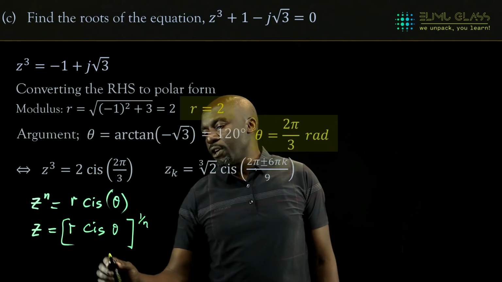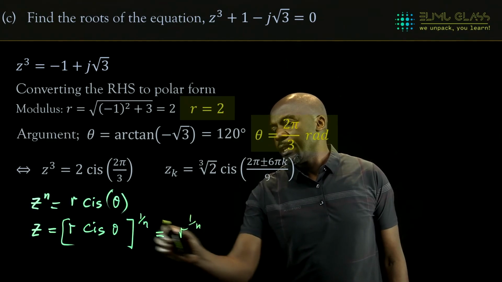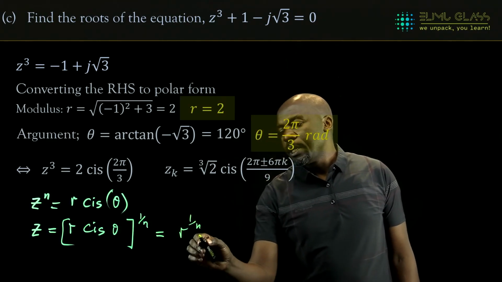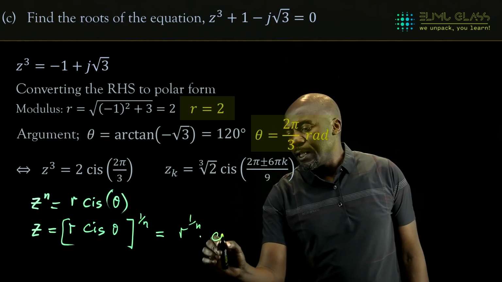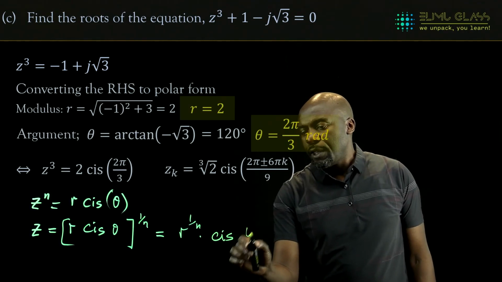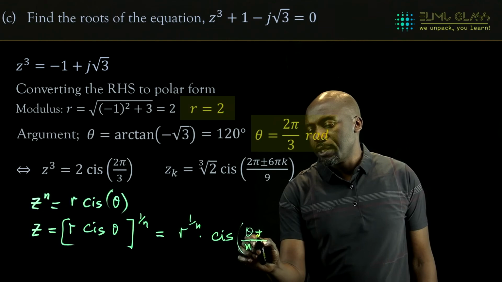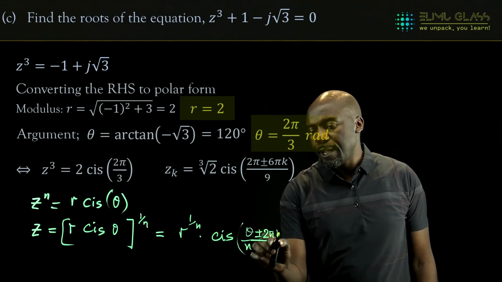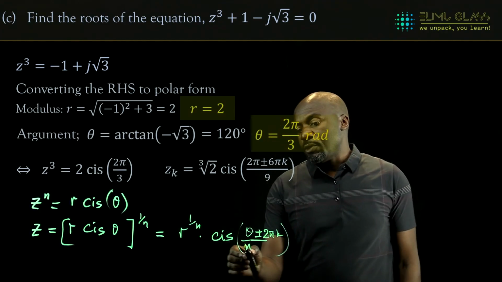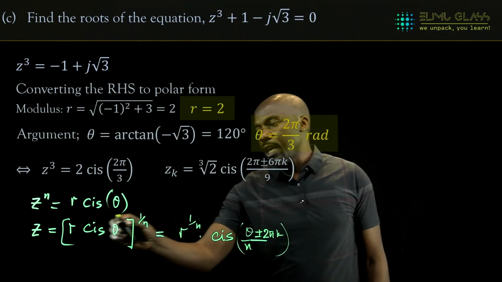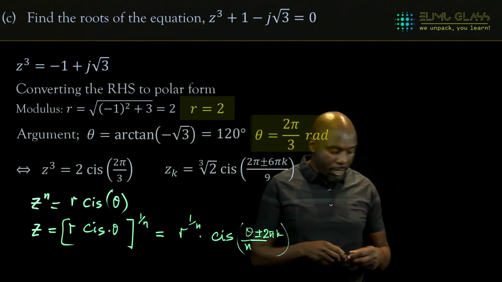De Moivre's theorem says this can be expressed as r to the power 1 over n, times cis of theta over n, plus or minus 2 pi k. So the 1 over n comes and multiplies right there, becoming a multiplication.